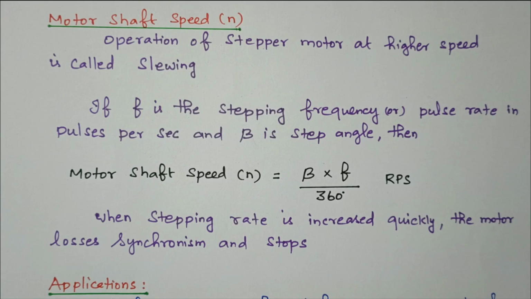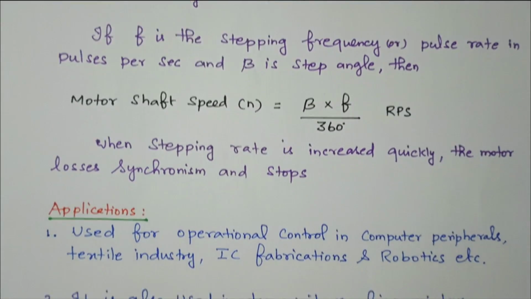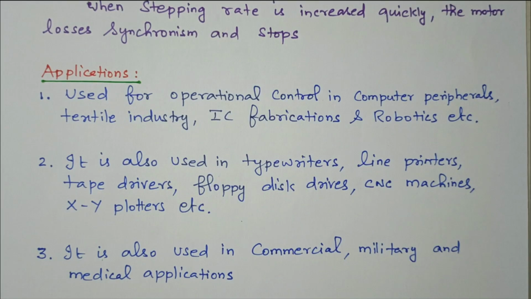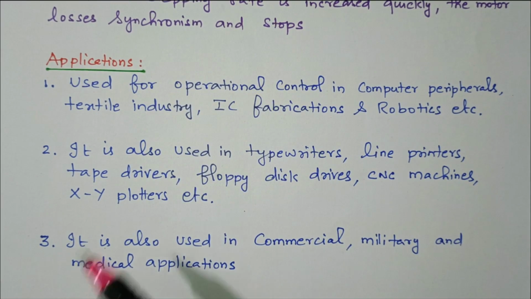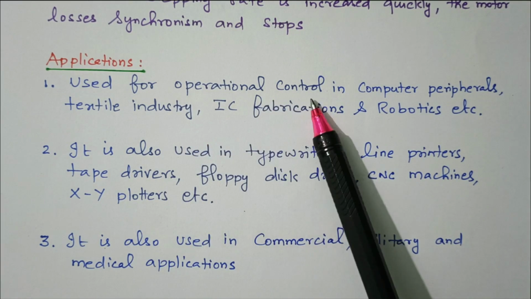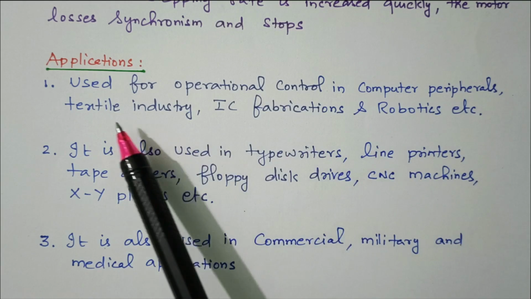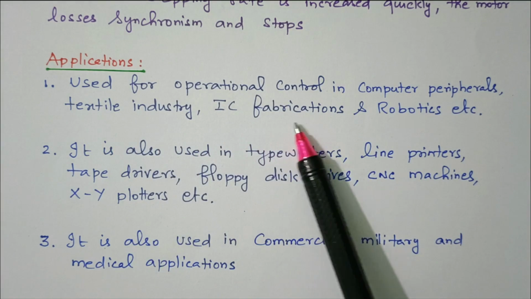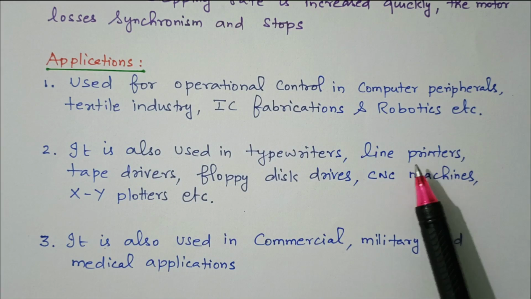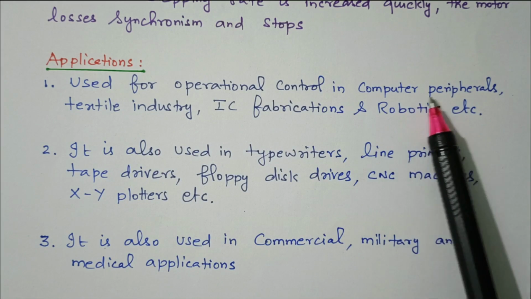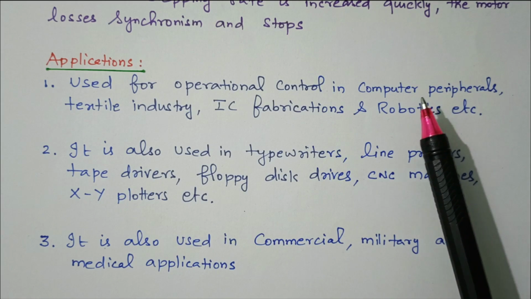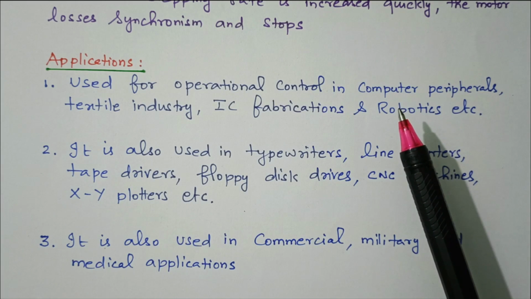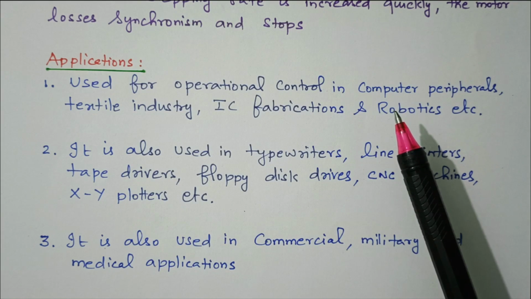Then finally we'll see the applications and advantages. The first application: used for operational control in computer peripherals, textile industry, IC fabrication, robotics, etc. In a computer peripheral such as a printer, after printing one line we need to move a particular angle to the next line.